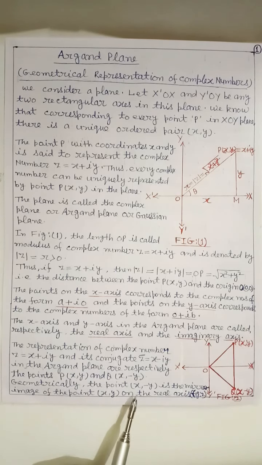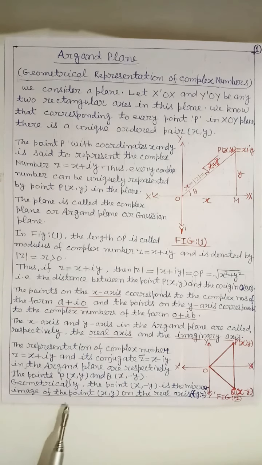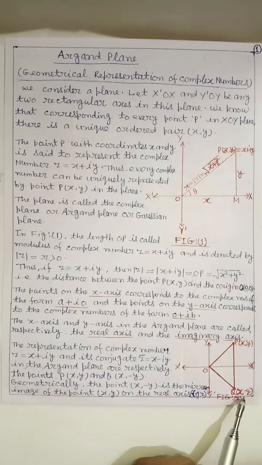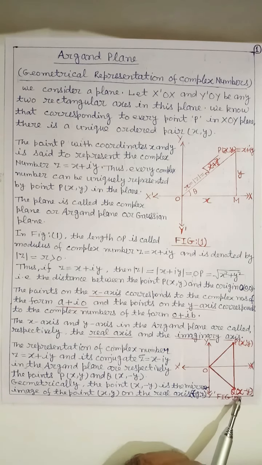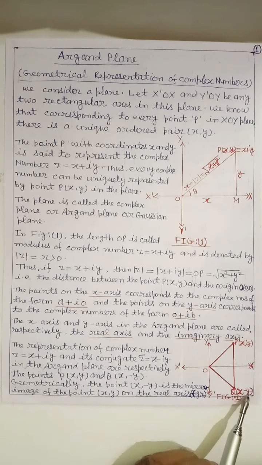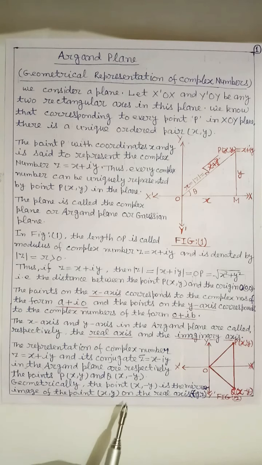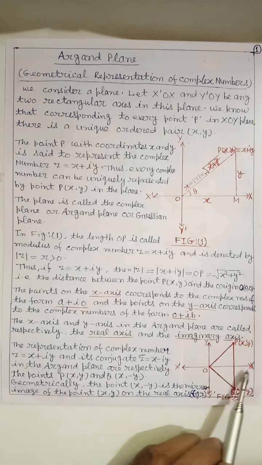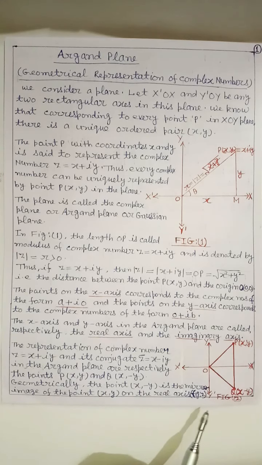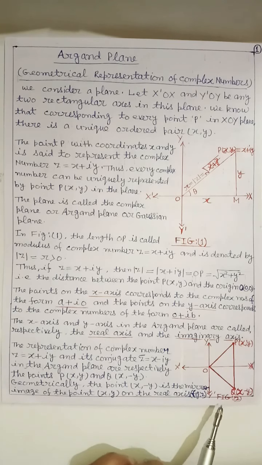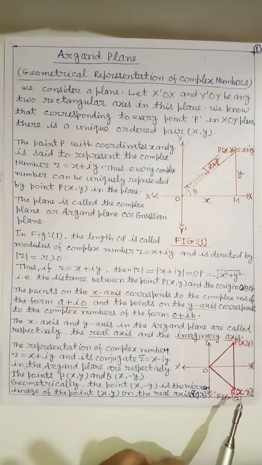Geometrically, the point (x, minus y) is the mirror image of the point (x, y). Here this is the mirror image of the point (x, y). Here (x, y) and here (x, minus y). So (x, minus y) is the mirror image of the point (x, y) on the real axis. Here this is the real axis. The x-axis is called the real axis and the y-axis is called the imaginary axis. And we can see easily from figure 2.